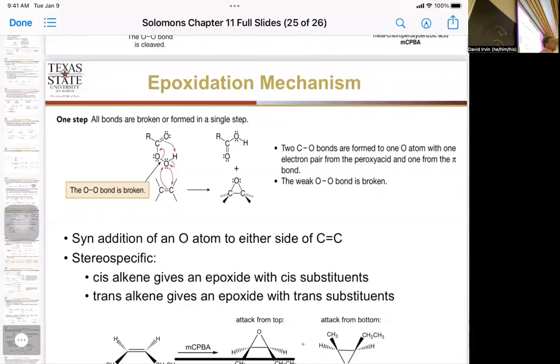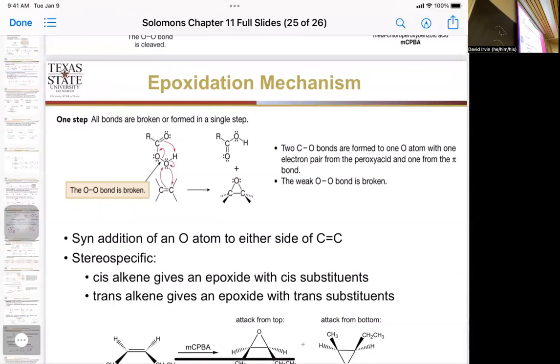This one turns out to be partially positive, so it is our Lewis acid. It is our electrophile. Now, our double bond has electrons out, not in between two atoms, so it is the nucleophile. So we have a reaction with a nucleophile and electrophile, and we move 1, 2, 3, 4, 5 pairs of electrons all at the same time.